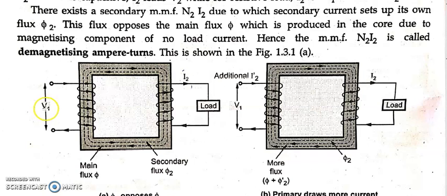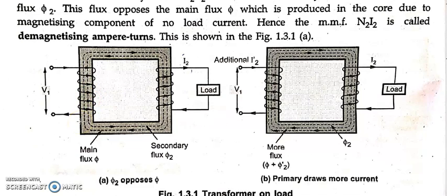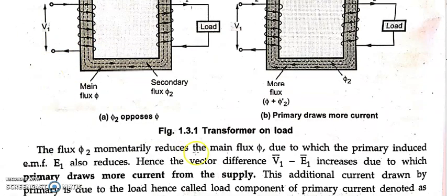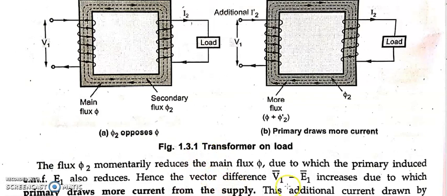V1 is fixed, but E1 is reducing here due to the reduction of the main flux phi, and that is due again to secondary flux phi 2, which is again due to the load. See, all are interlinked. So due to this, the vector difference V1 minus E1 increases. As I told, E1 will oppose V1.